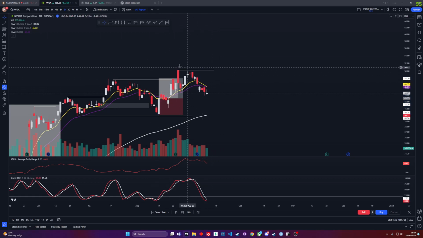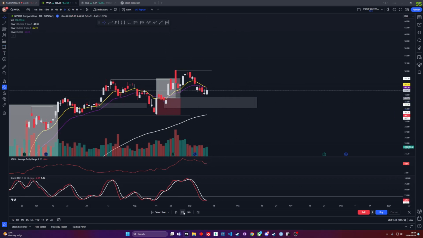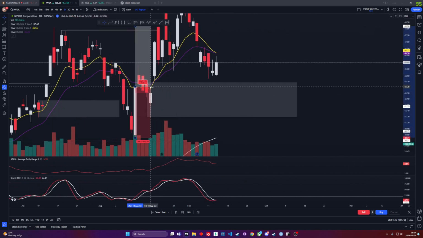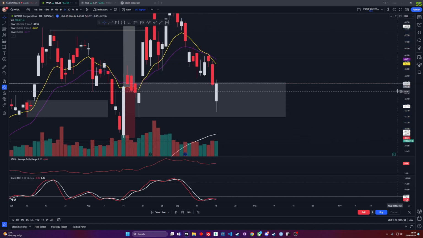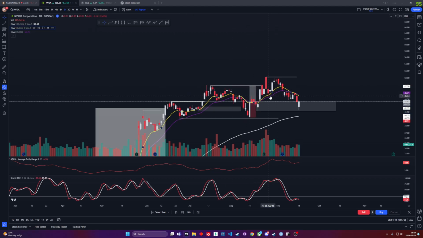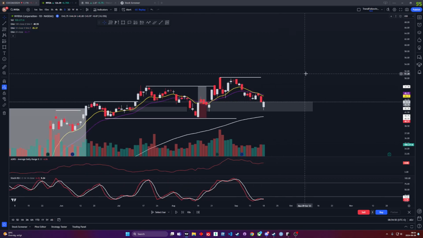Yeah, we have another possible entry. This would be the zone. Let's see if price taps it. It does not. Now it does. And we have the crossover, so we would be out of this trade at just around break even, almost.